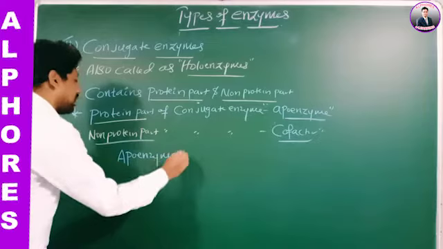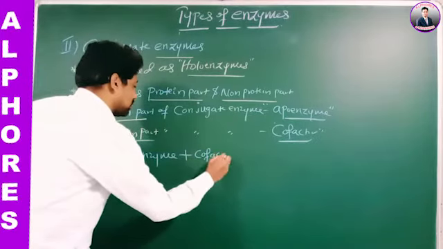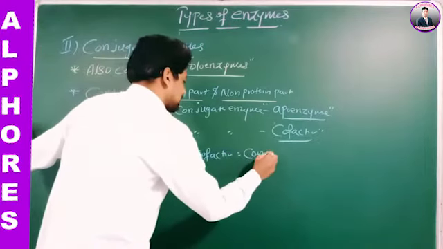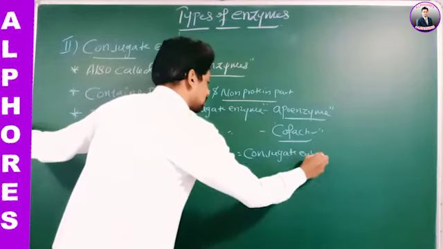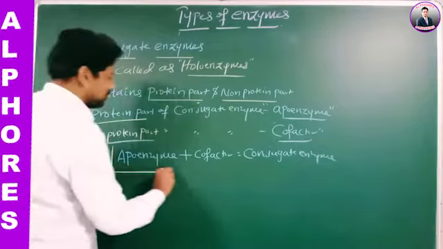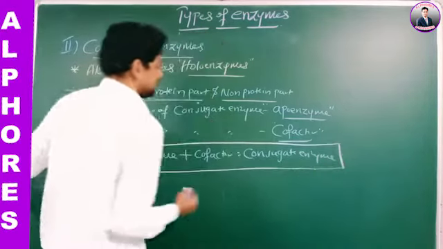Non-protein part is called cofactor. Therefore, these two together form which enzyme, sir? Conjugate enzyme. Therefore, apoenzyme plus cofactor equals conjugate enzyme.